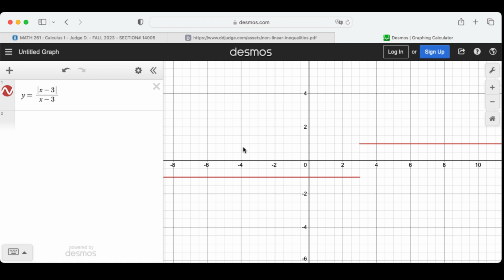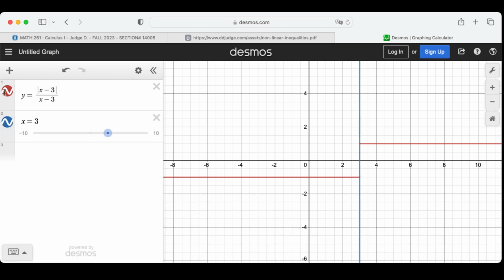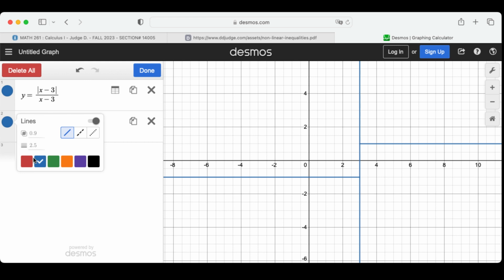It's not open circle, closed circle in Desmos. But at 3, where is 3? Here we go. Actually, I'd rather do it this way, and then here, the dotted line.